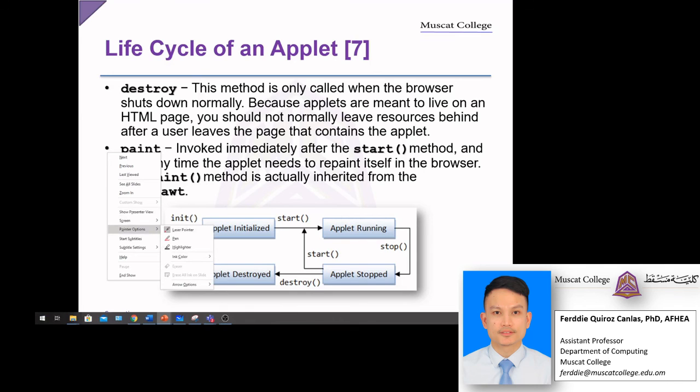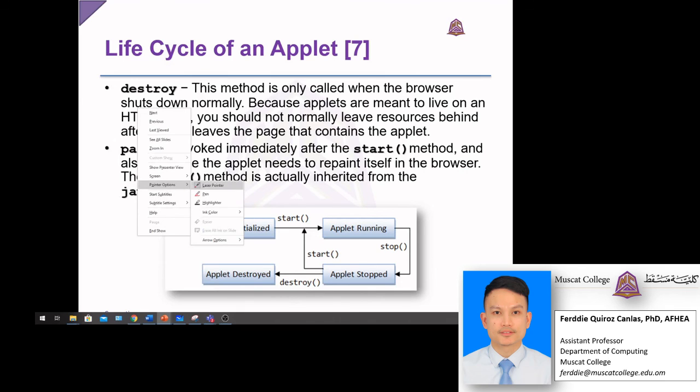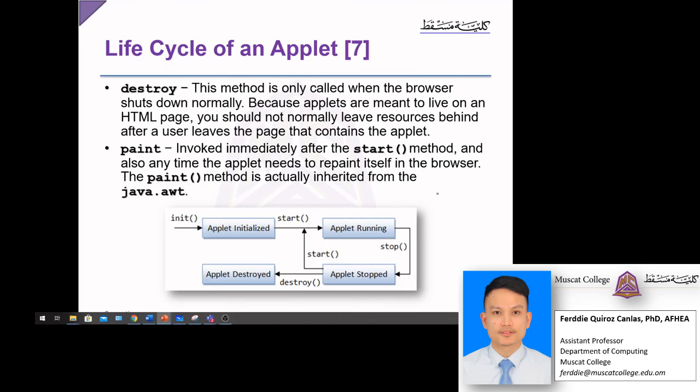Paint means if you have a GUI, for example, a login form with a text box here and a text box here, and then a button that says login. During the init phase, GUIs are shown on the screen as part of the web browser. That's the effect of the paint.